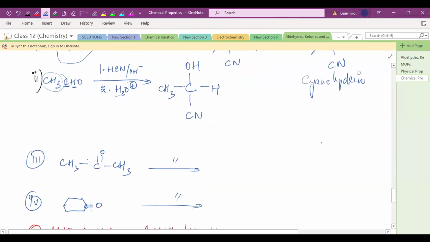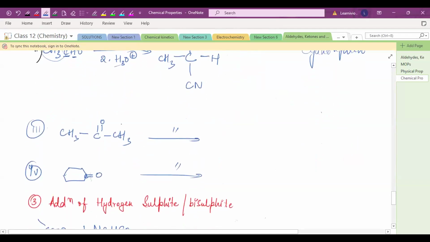Okay. Similarly, say this is a ketone. What are you supposed to do? CH3 as it is, CH3 as it is, right? Now this ketonic carbon, this oxygen will get transformed into an OH, and to the same carbon you have to attach the CN. That is very easy.